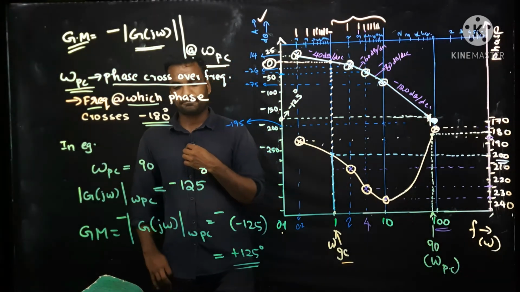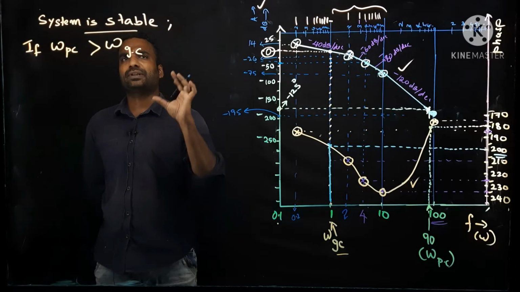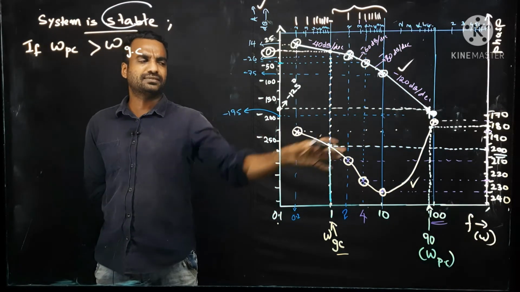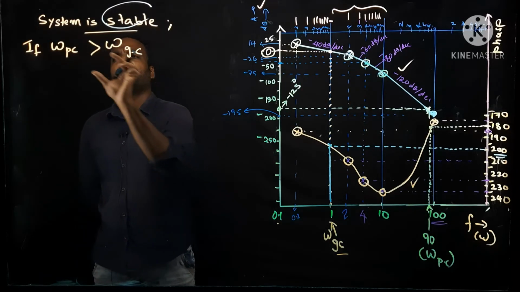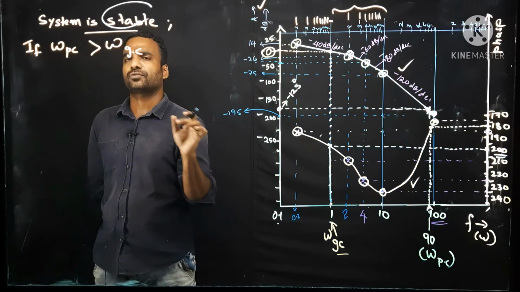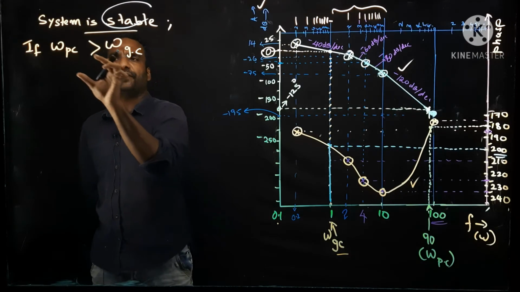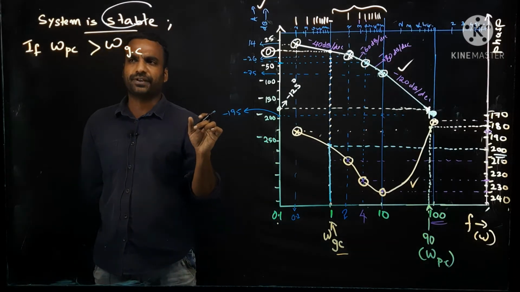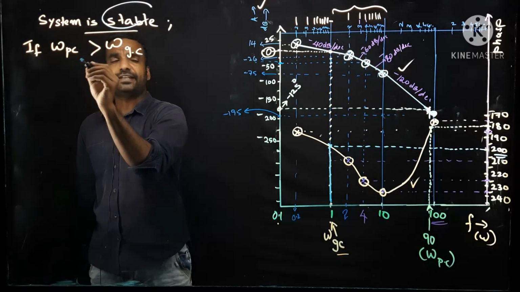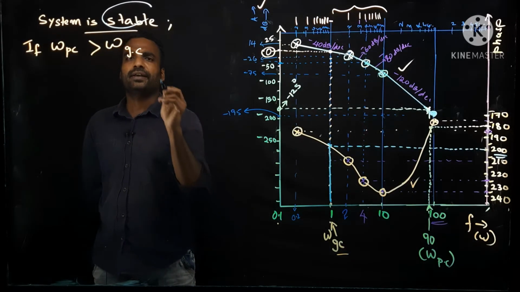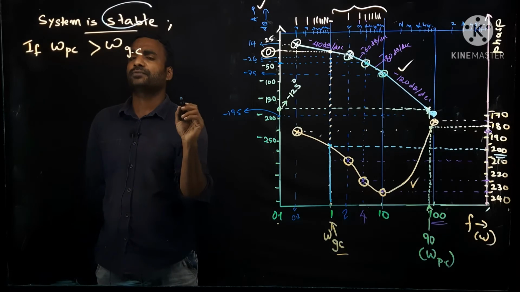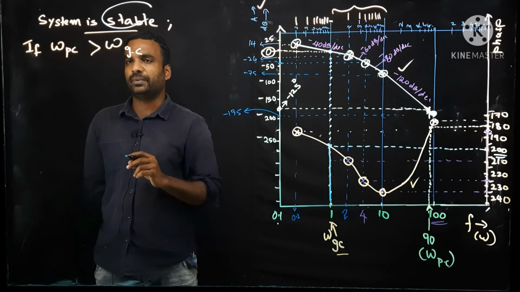Now I am going to comment about the stability of the system from these conditions. We know what phase crossover frequency and gain crossover frequency are. Phase crossover frequency is the frequency where the phase crosses minus 180 degree, and gain crossover frequency is the frequency where gain crosses 0 dB.